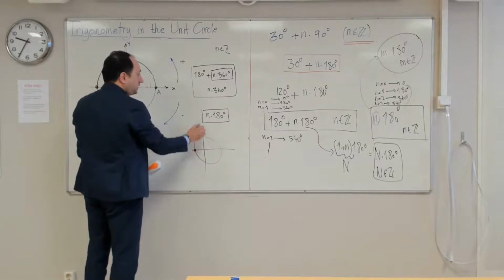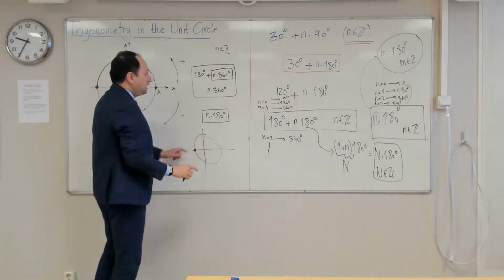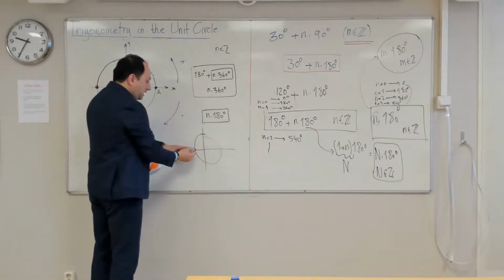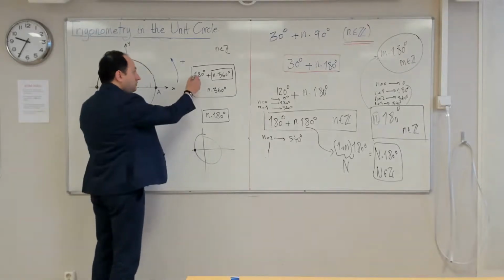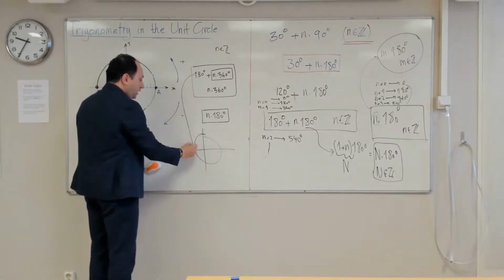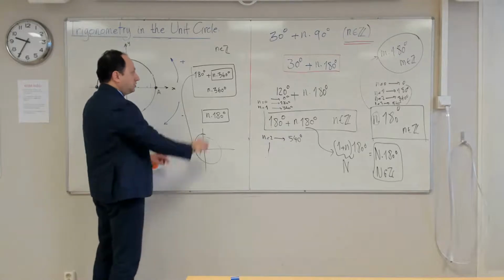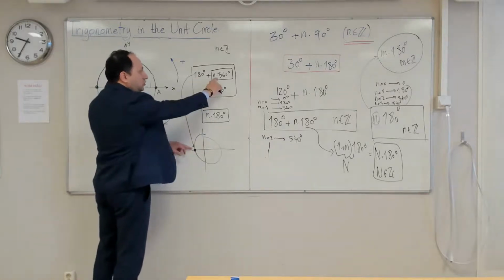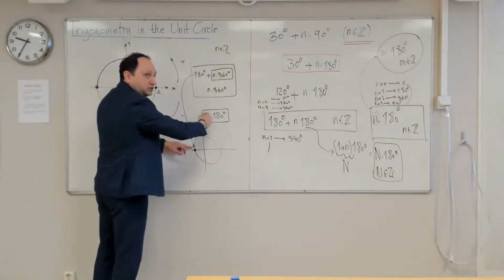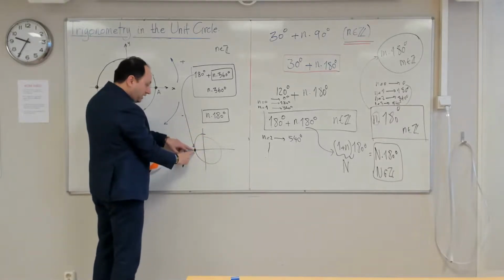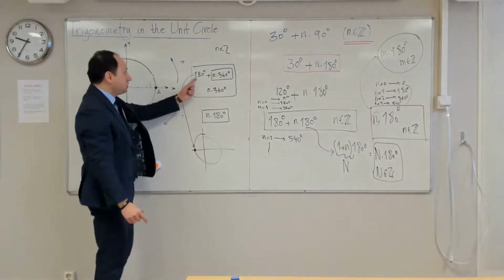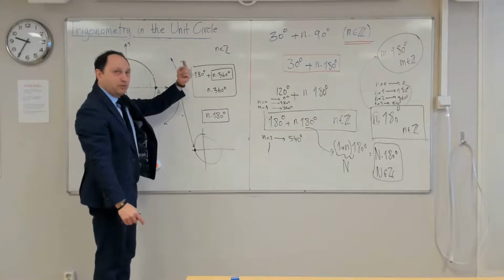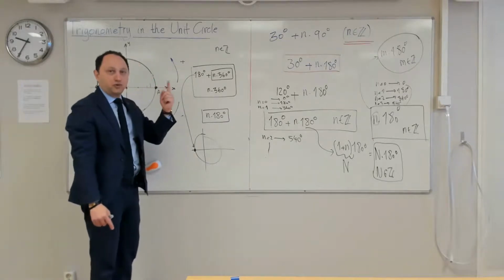It is here. If I put n equal to 1, again, I end up here. So this formula only gives you 1 point. You start from 180, you go one full round in either direction. So it is clear that you end up at exactly the same point. So this formula on its own is capable of generating one single point.